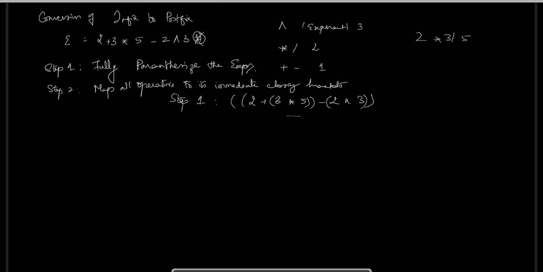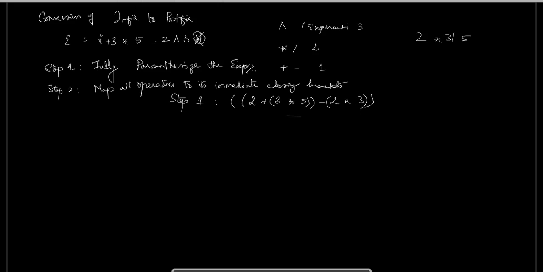Right? So here let me just do it for you. Here you always start from the innermost sub expression, so that will be easy for you to do. Taking the innermost, you will not go wrong in that case. So innermost is star 5 and here it is 2 cap 3.